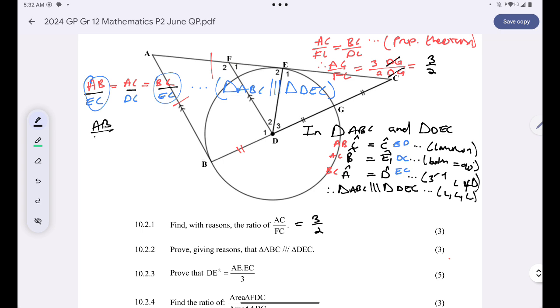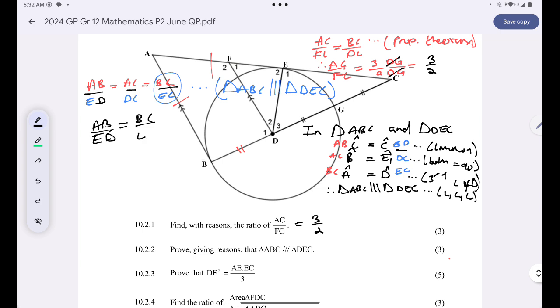AB over ED is equal to BC over EC, right? No, it's AB over ED, excuse me. I did write ED, excuse me.